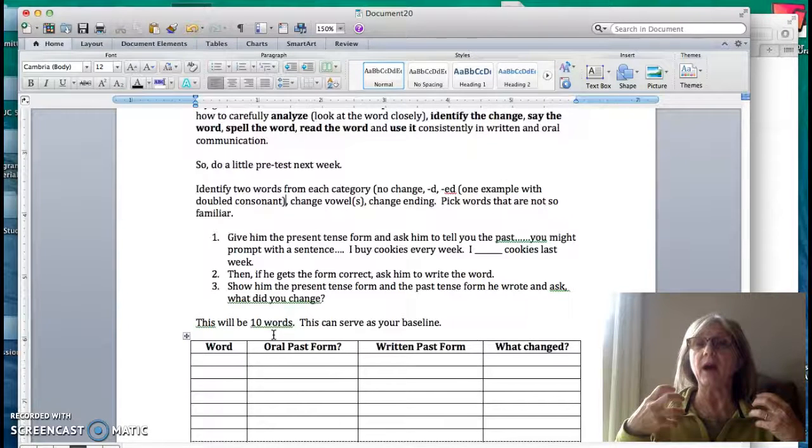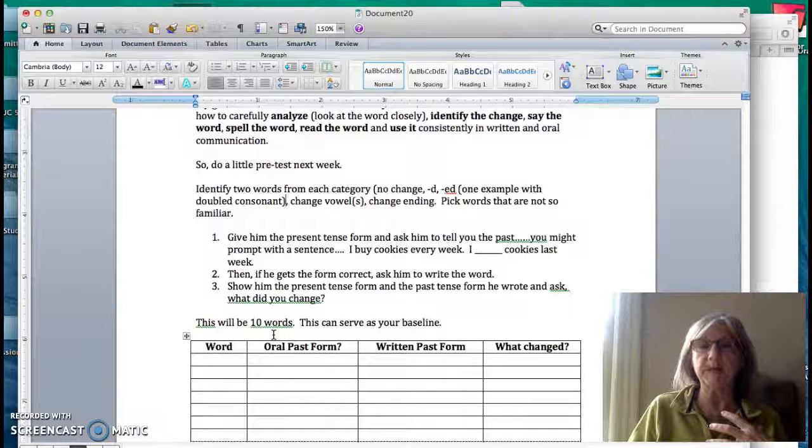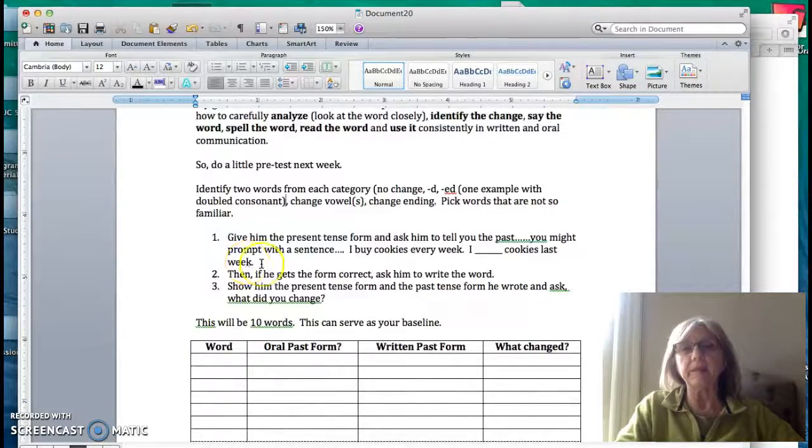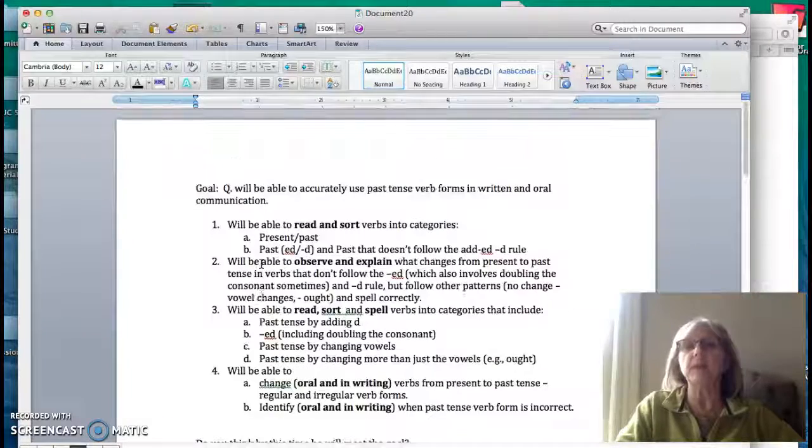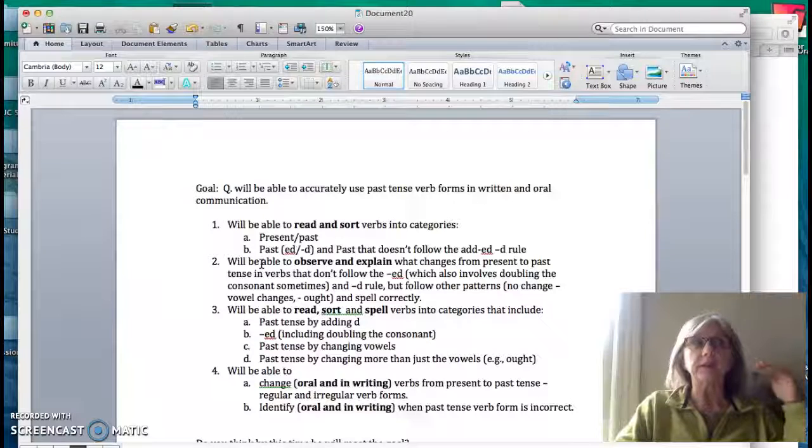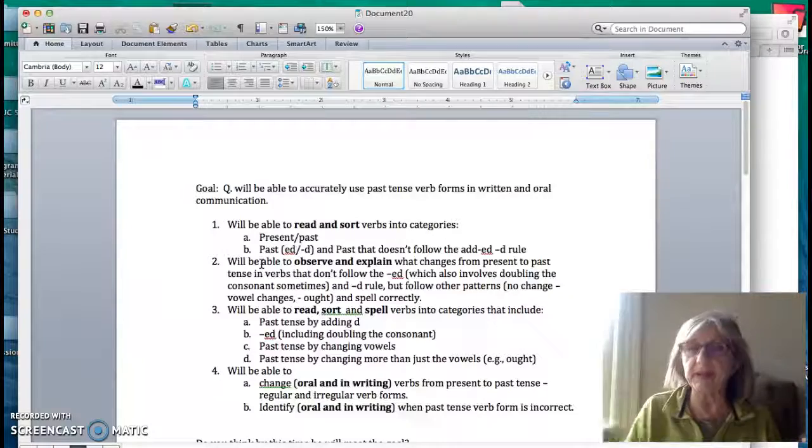You're going to have to teach him some of the general rules, give him some good representative examples, give him some good practice on using them in written language and in oral communication through the air, and then you're going to get more and more complex. But this is really about simple past, and that seems to be what you're giving him, some rules and some ways to analyze words that help him when he gets to more complex things.